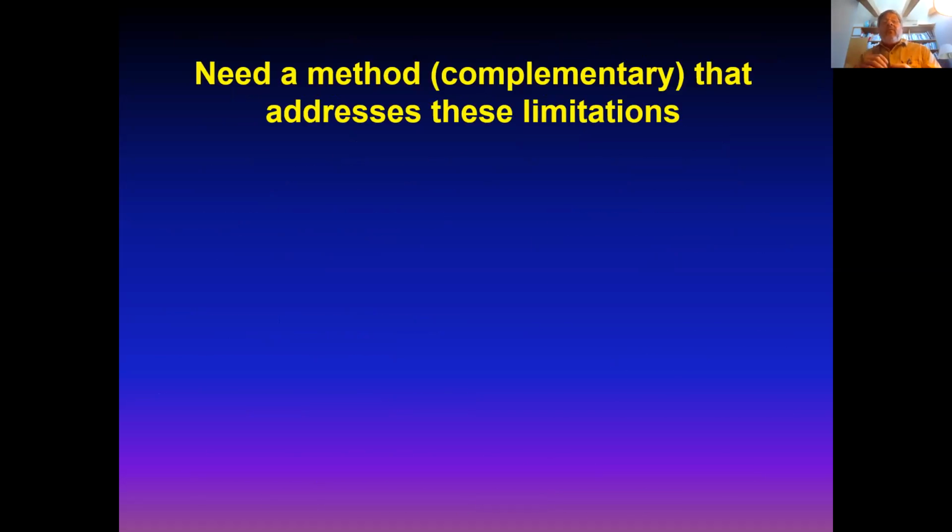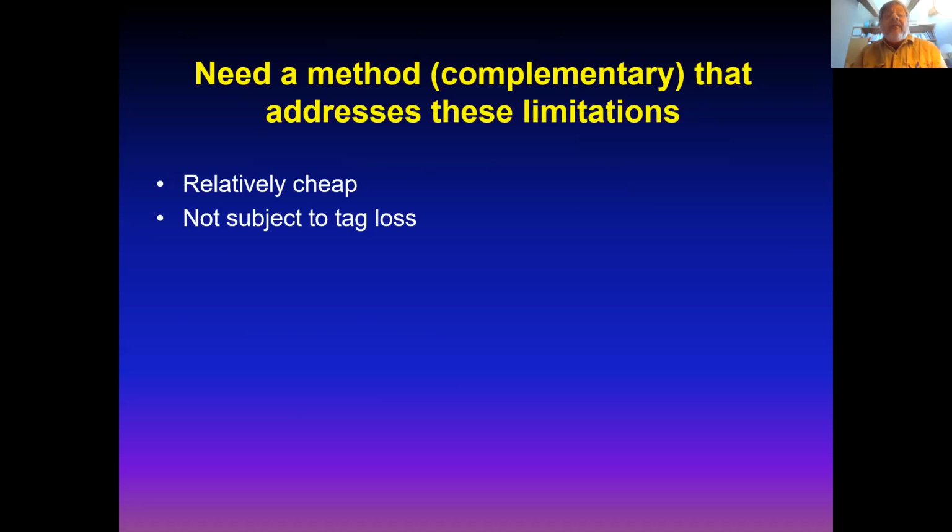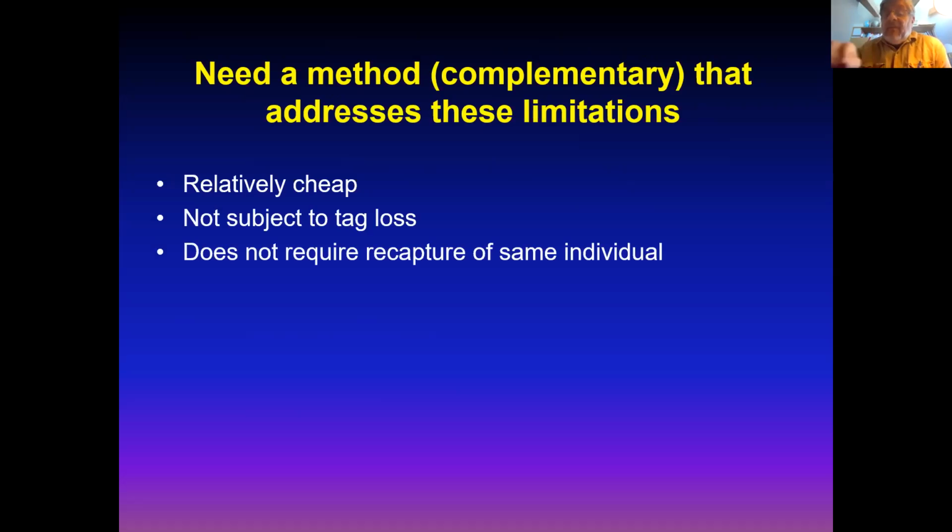So I would argue today that we need a method that, if you wish, can be a complementary method that addresses these limitations. The method has to be relatively cheap, certainly cheap when we're talking about the value of some commercial fisheries. It must not be subject to tag loss, must not require the recapture of the same individual, and can use dead animals, for instance, caught through bycatch.